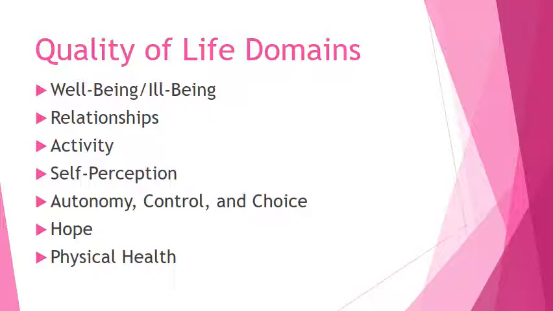The next domain is the person's sense of autonomy, control, and choice. There is a complex balancing act between support and independence, and so a person's desire for dependence or independence will often vary depending upon their current circumstances.